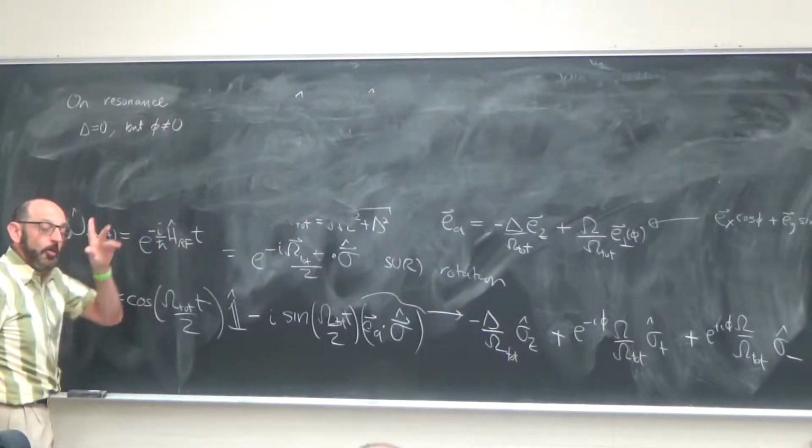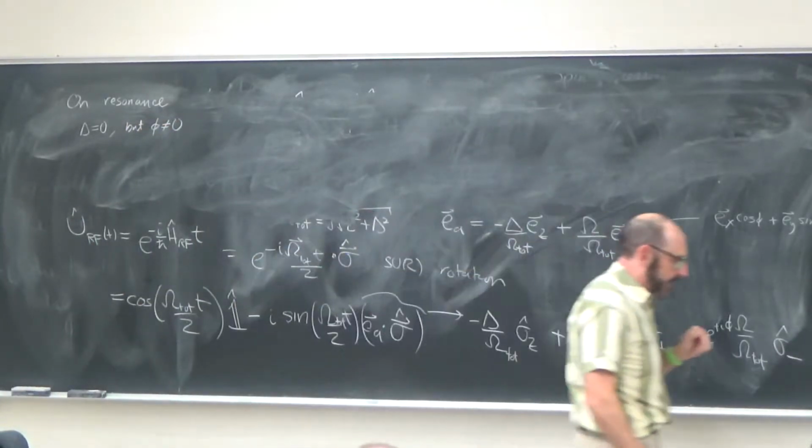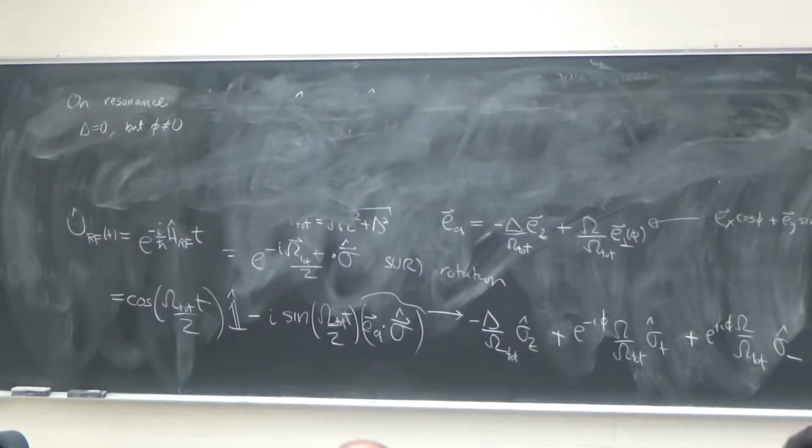Some arbitrary phase. Oh, by the way, as Sam mentioned last lecture, and I want to reemphasize here, all of this is in the rotating frame, okay? Because in the lab frame, this thing is whipping around at the frequency omega of the drive.